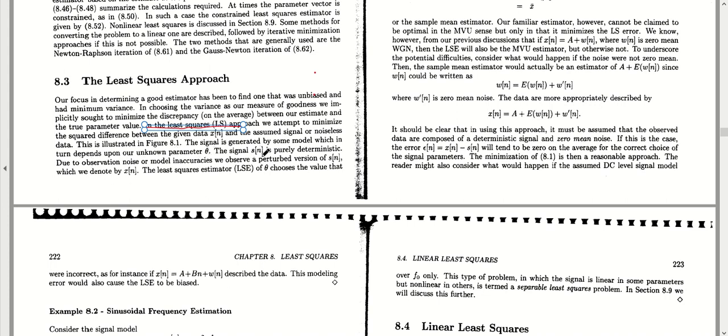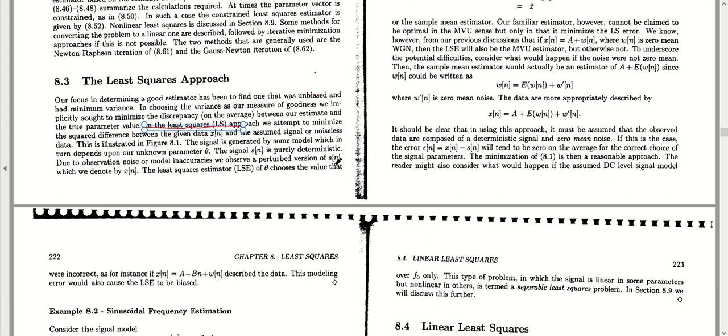The signal is generated by some model, which in turn depends upon our unknown parameter theta. The signal Sn is purely deterministic. Due to observation noise or model inaccuracies, we observe a perturbation of Sn, right? What do we mean by perturbation? Perturbation means Sn plus a noise.